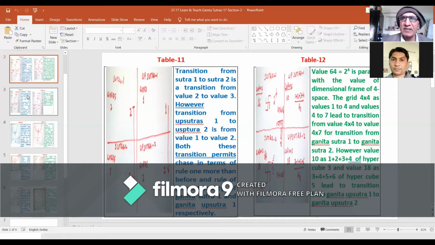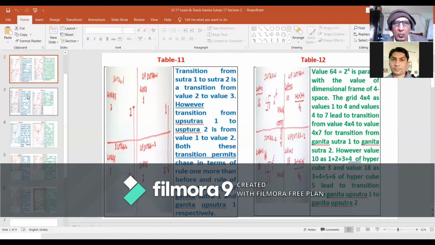On the other hand, the Ganita Upsutra 1 is a composition of a single word, while Ganita Upsutra 2 is a composition of 2 words. Therefore, a transition from Ganita Sutra 1 to Ganita Sutra 2 in terms of the words comes to be a transition from value 2 to value 3. And in the context of Upsutras, it comes to be a transition from value 1 to value 2.